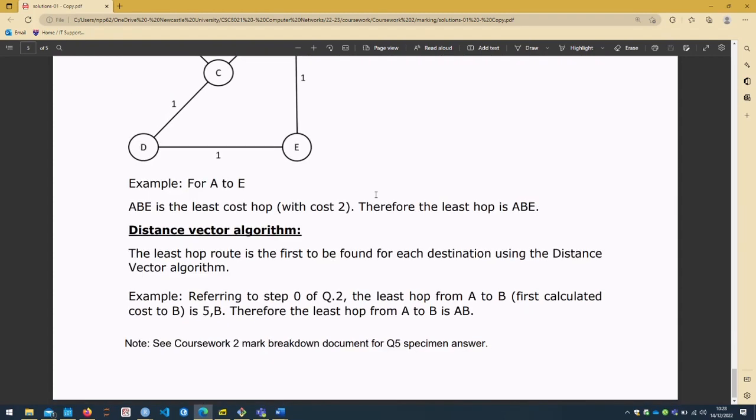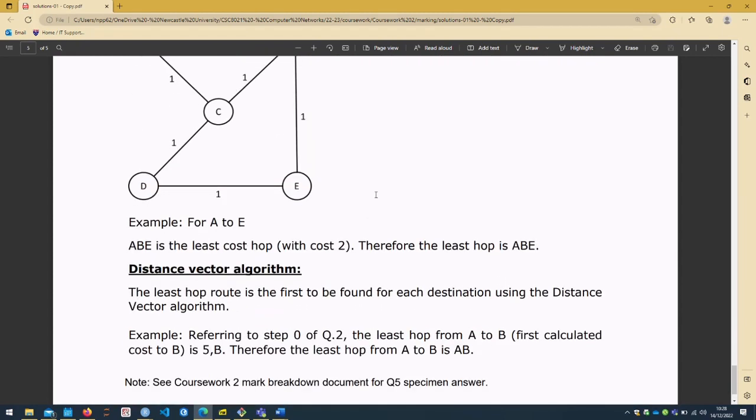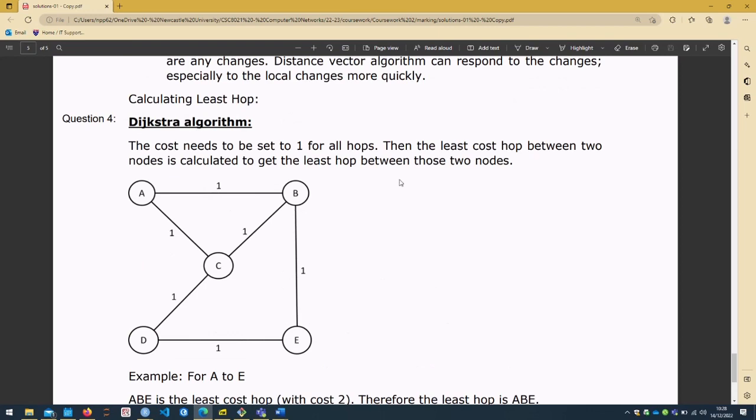So Ian talked about this briefly in one of his lectures. He mentioned the count to infinity problem, right?